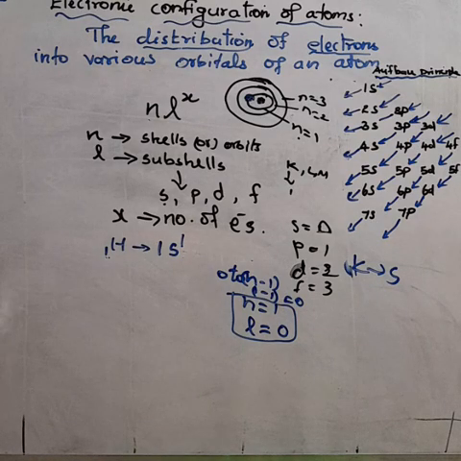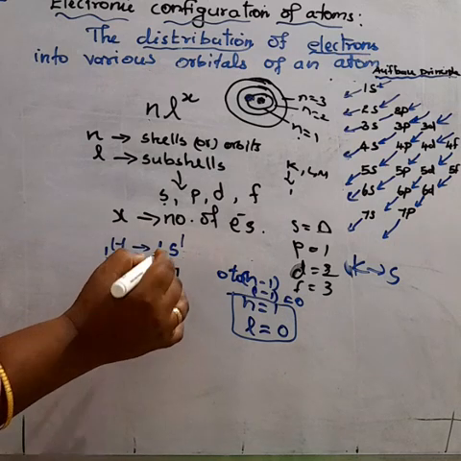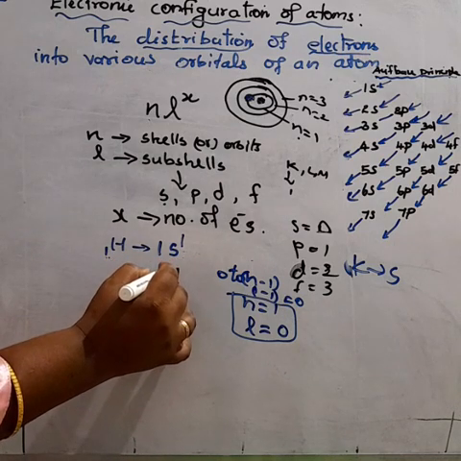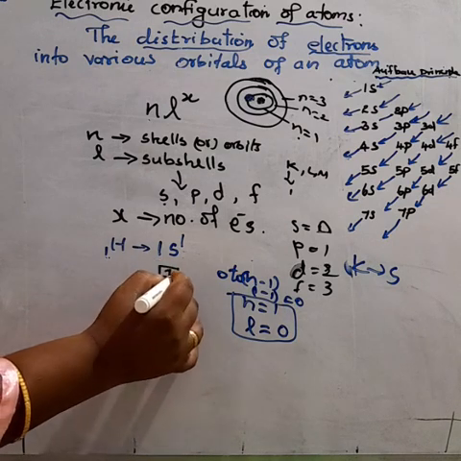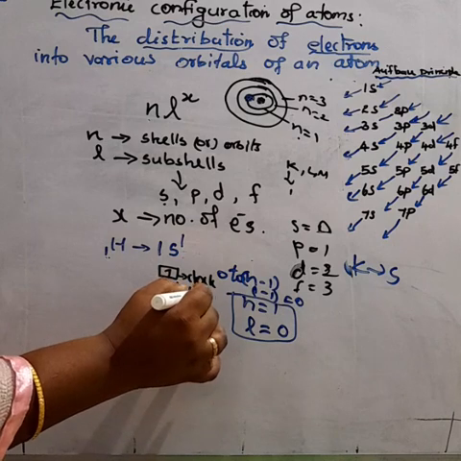How will you draw the orbital diagram for this hydrogen atom? For 1s1, we draw one box with only one electron. This electron is in the clockwise direction, up spin. Understood?